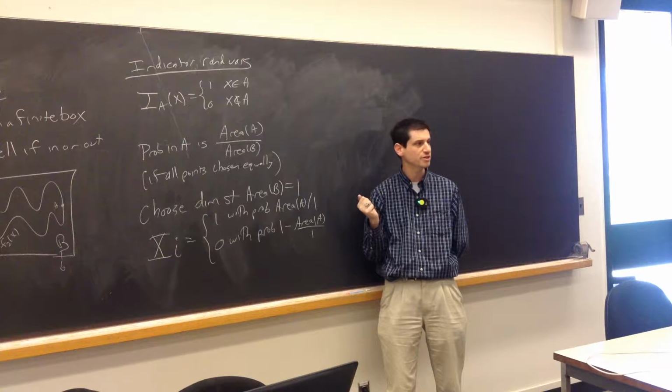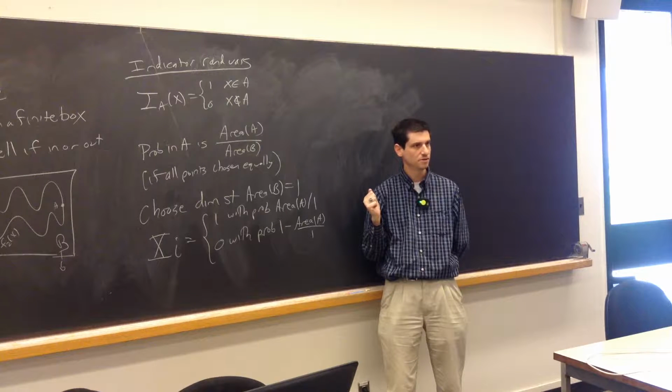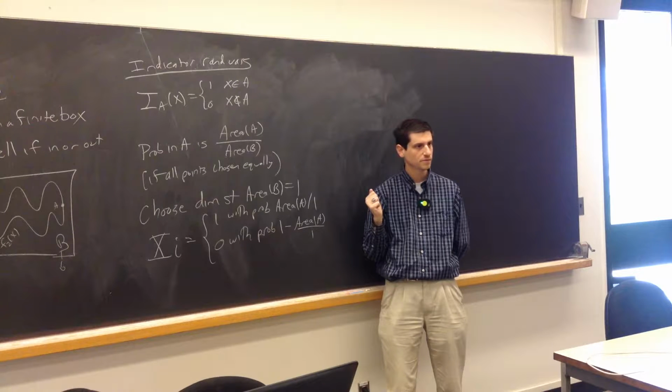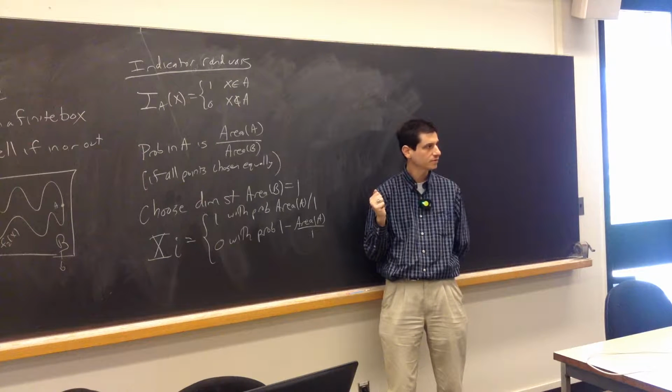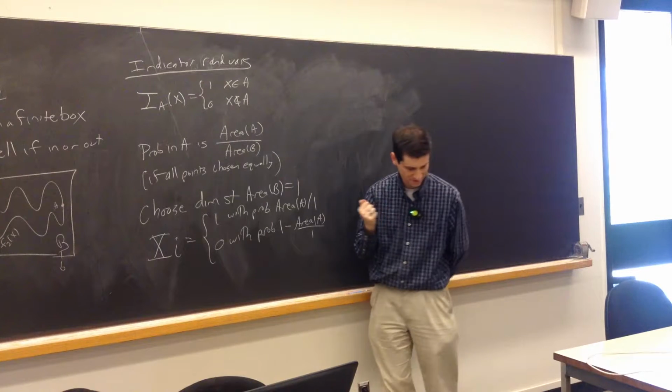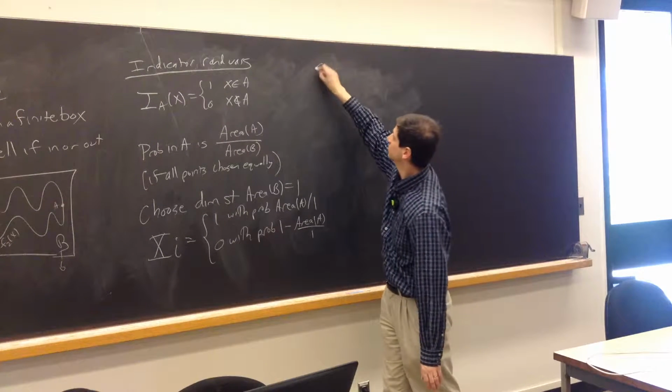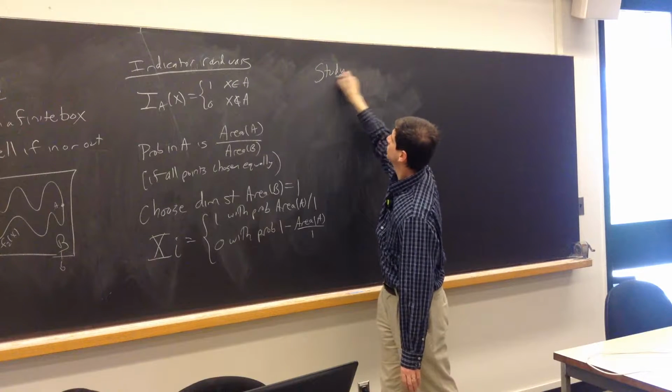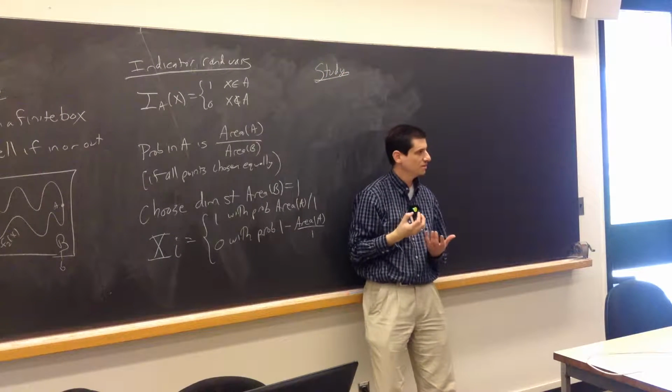I'm choosing a bunch of points uniformly at random in the box. What quantity do you think I should study? What should we study? The mean. The mean of what? So you want to study what?